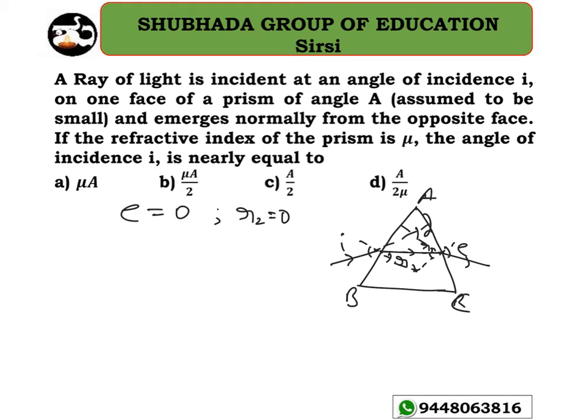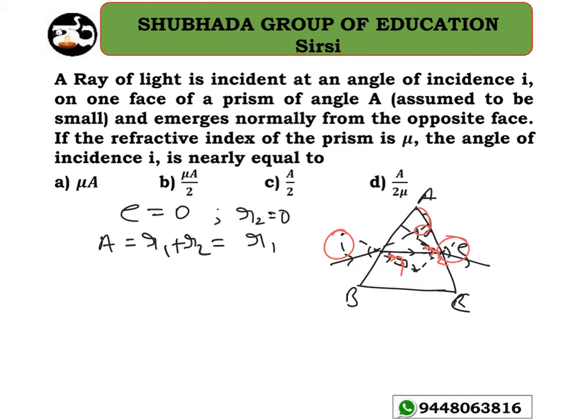Here it is r1, here it is r2, and this is the deviation delta, as well as the angle of emergence e. Now, as you know r2 equal to 0, so I can say that A equal to r1 plus r2. This is the condition I have discussed in the synopsis. So A is going to be r1, as r2 is equal to 0.